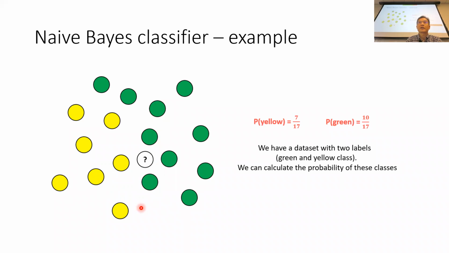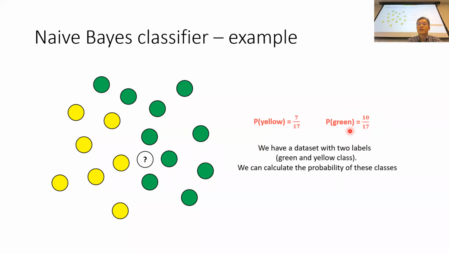So without any further information, I will first count. There are 10 green data points and 7 yellow points, 17 in total. So if I know nothing about this new data point, it's most likely to be green, because the frequency of green dots in the population is higher.